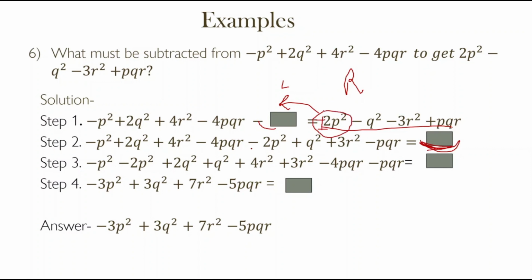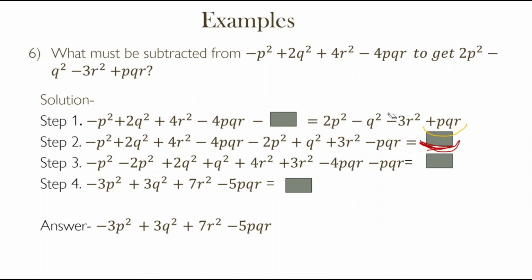That's why when we shifted its side, it became minus 2p square. Now, when I shifted this minus q square, it became plus q square. When I shifted minus 3r square, it became plus 3r square. And when I shifted this plus pqr from the right side to the left side, it became minus pqr. I hope you are getting it.